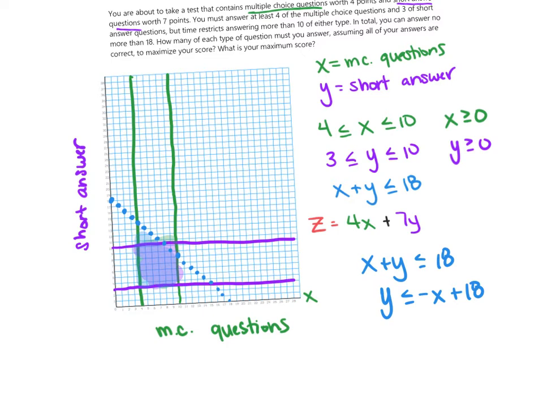We have corner points defined here at 4, 3. We have a corner point here at 4, 10. Corner point here at 7, 10.